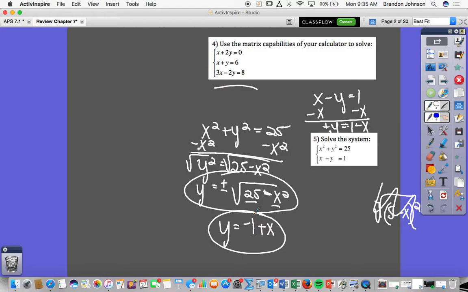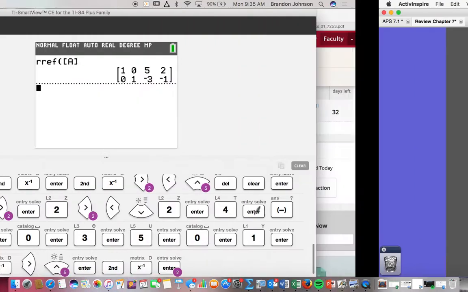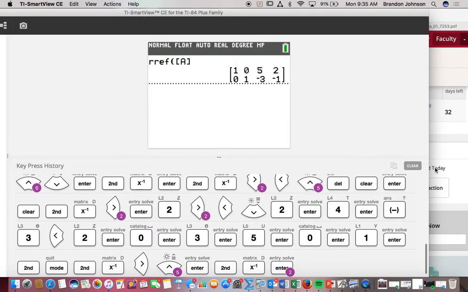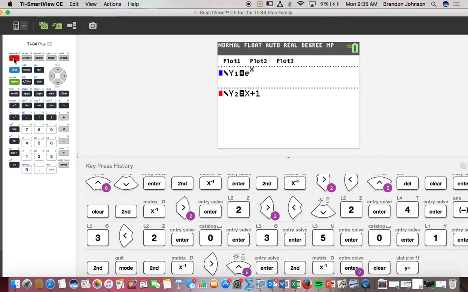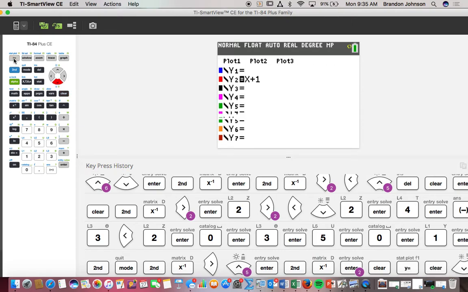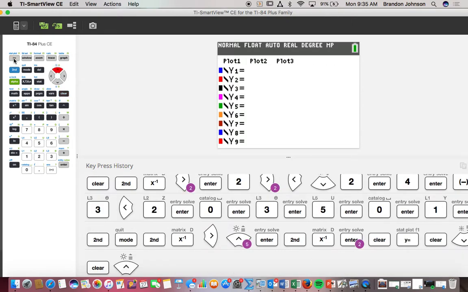Because again, this will be a calculator part. I'll allow you to use your calculator for this one. So we can do what with both of these? Just plug it in my calculator, right? So let's go to this part. Not the table. This is the y equals. So on the first one, put -1 plus x, right?